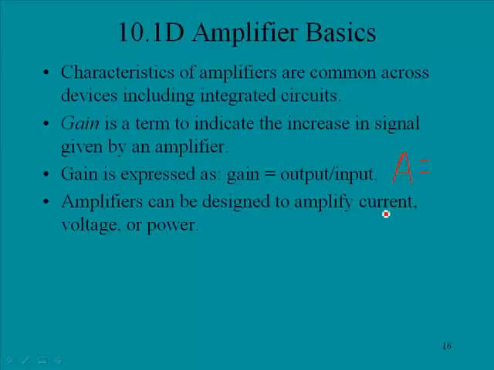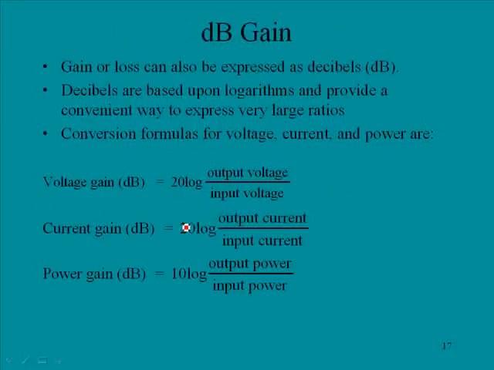Amplifiers may be designated to amplify current, voltage, or power. Gain or loss can also be expressed as decibels, as in dB. Decibels are based upon logarithms and provide a convenient way to express very large ratios.